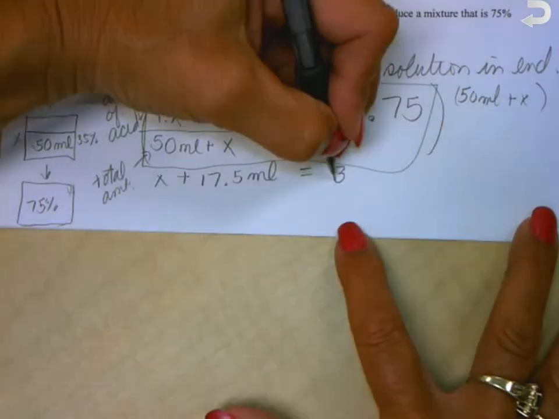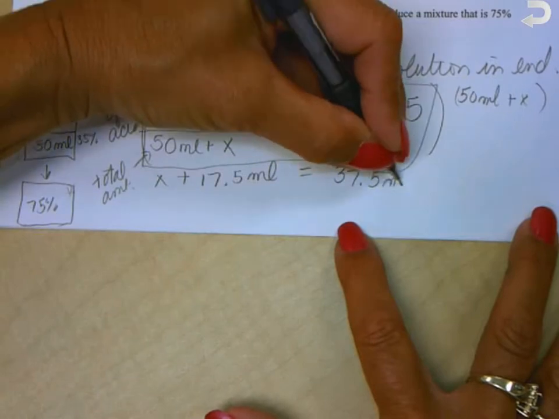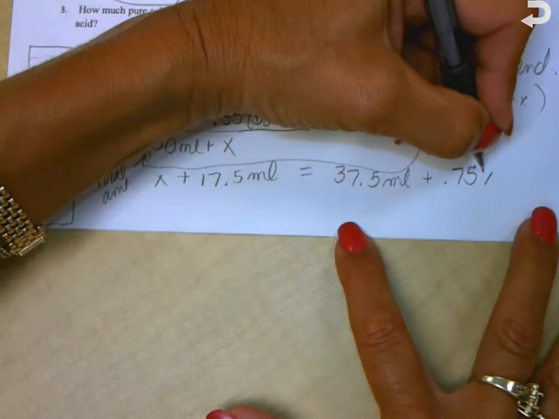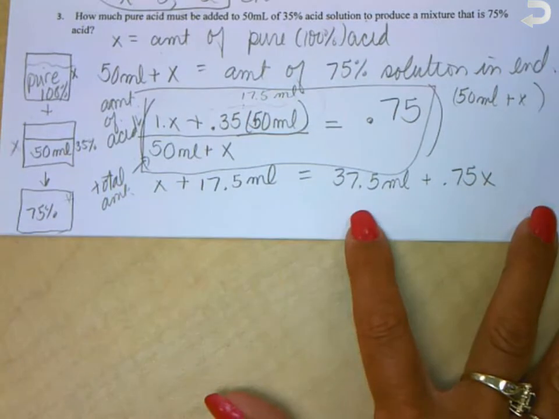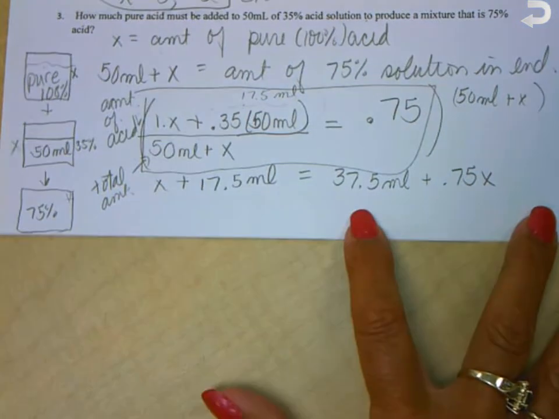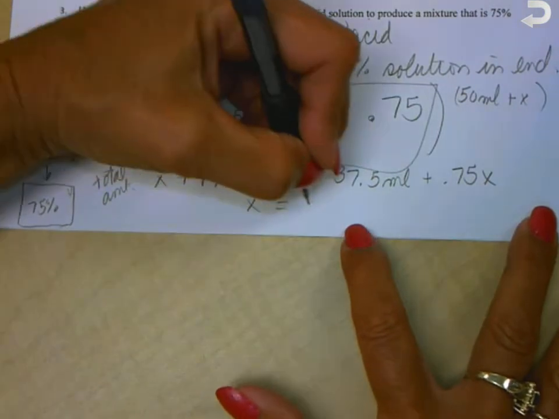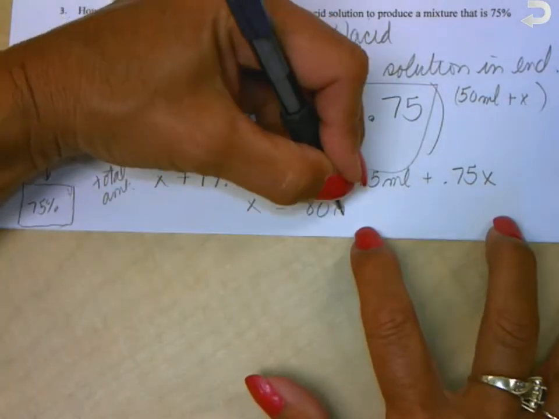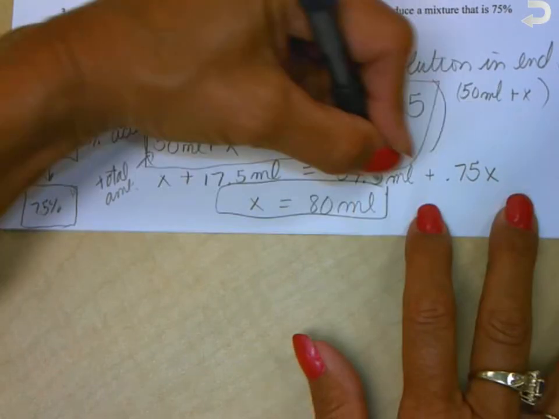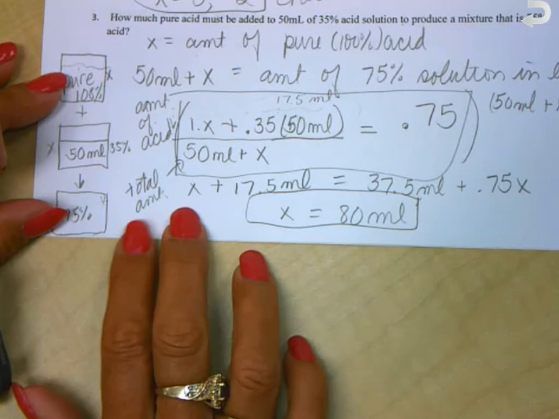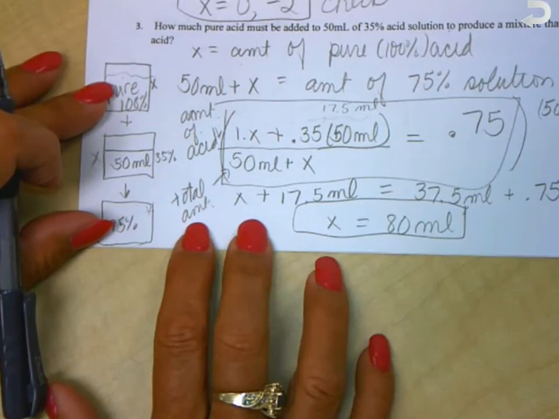And when I multiply the right side of the equation, 0.75 times 50 milliliters plus X, I end up with 37.5 milliliters plus 0.75 X. I'm going to skip some of the algebra. Once I go through and solve for X, I end up getting X is equal to 80 milliliters.